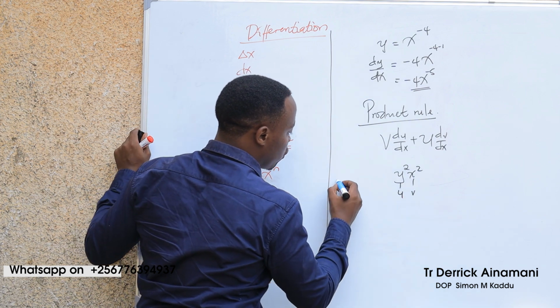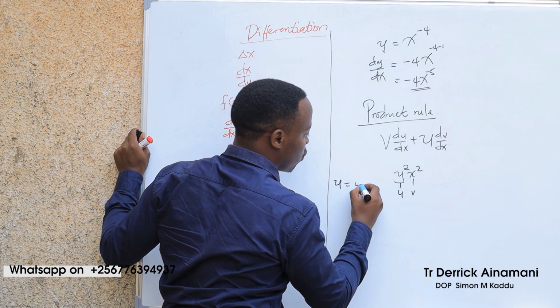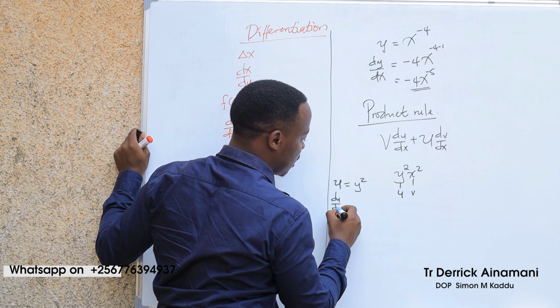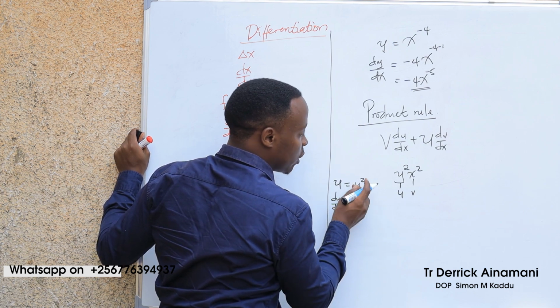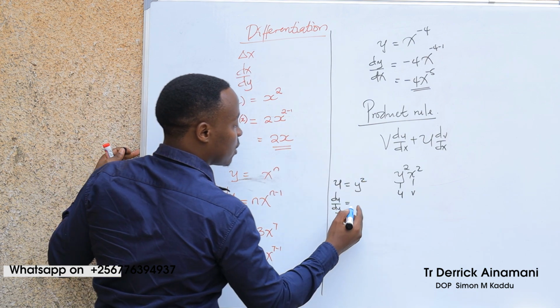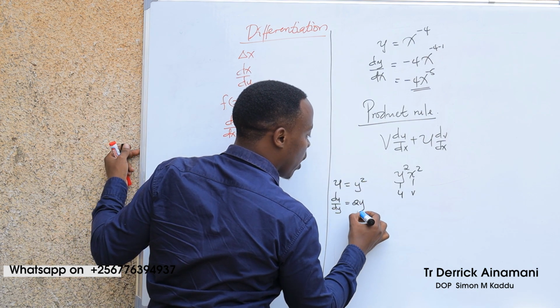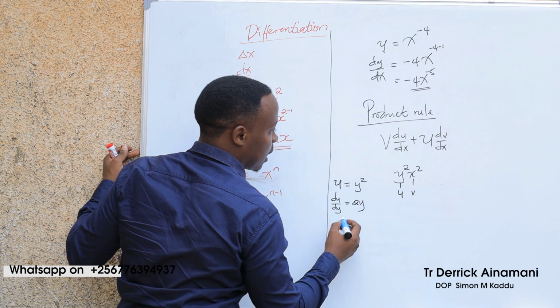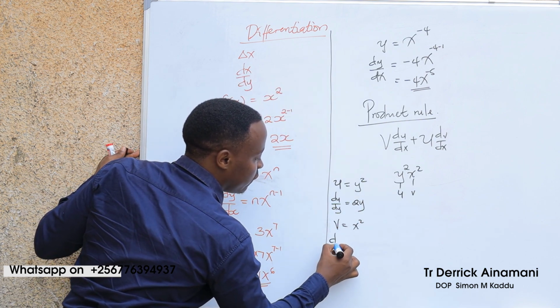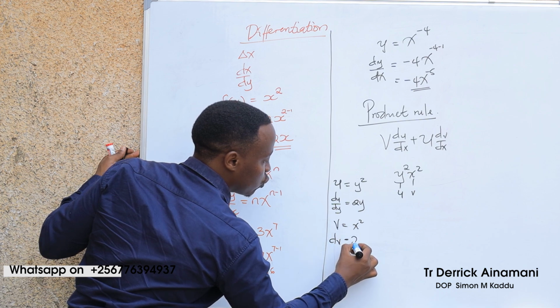So you say u is equal to y squared. So du would be equal to, as we did earlier, this 2 comes down, so you have 2y, 2 minus 1 remains like that. Then v is equal to x squared, so dv/dx would be 2x.